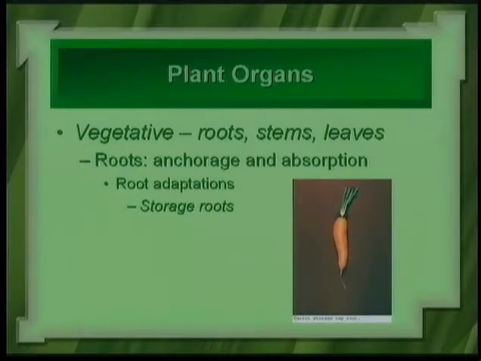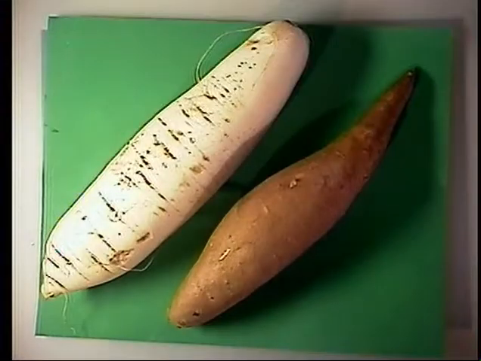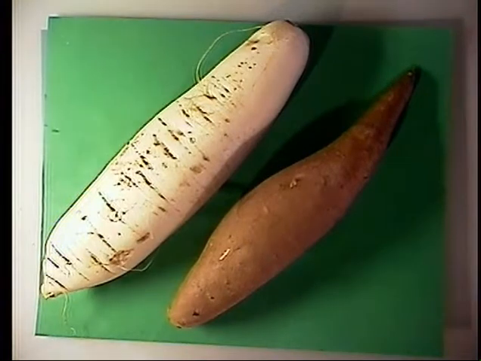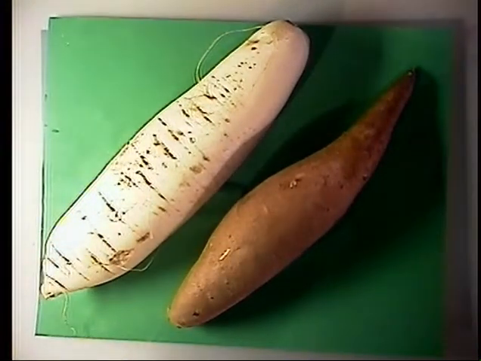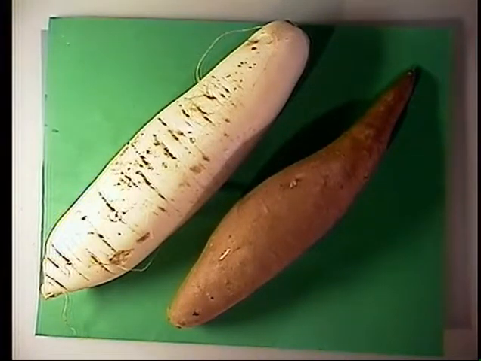Now another adaptation that roots have made is storage roots, such as the carrot we have in that nice illustration, and we also have other kinds of storage roots as well. Here we have a couple. The whitish one on the left is a Japanese or Chinese radish, also known as daikon.